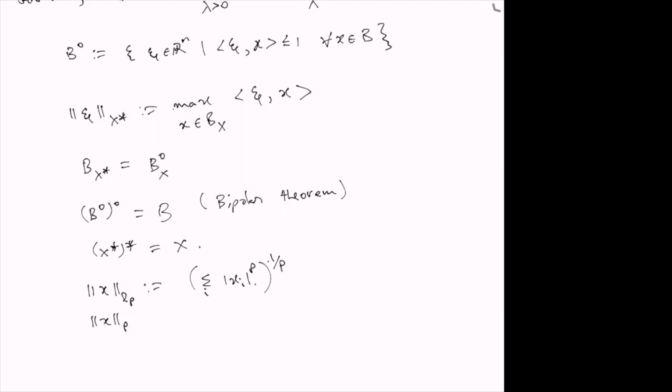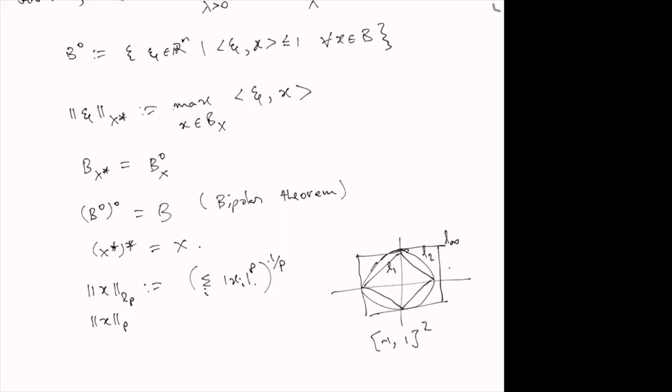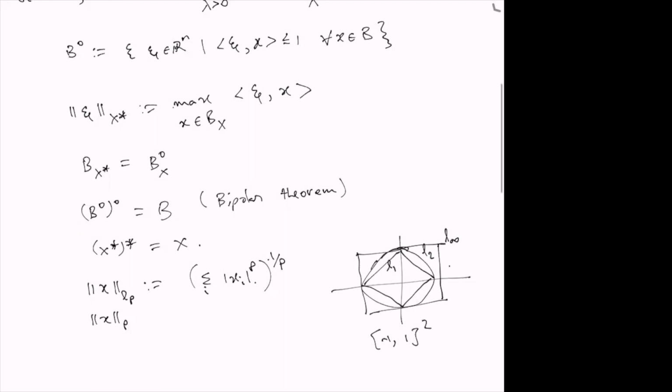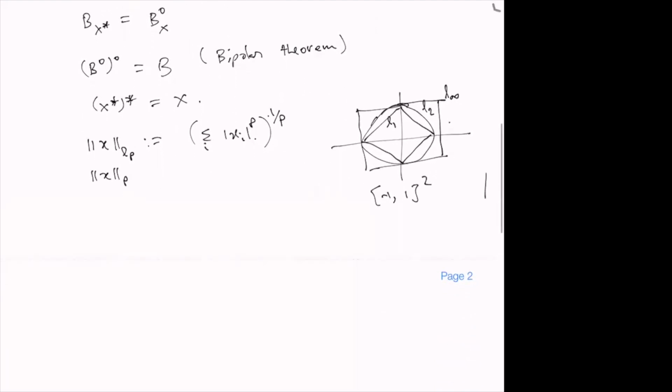In 2 dimensions, the L2 unit ball is the perfect sphere, and the L infinity unit ball is the [-1, 1] hypercube. And L1 is this shape.